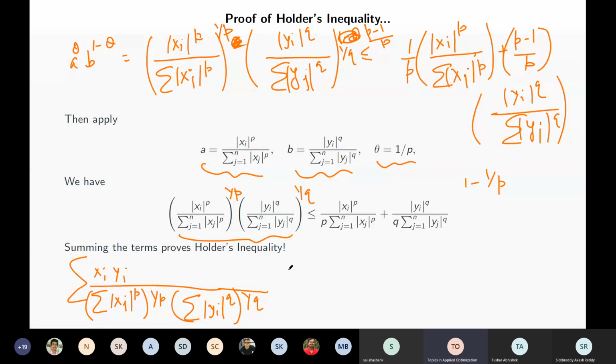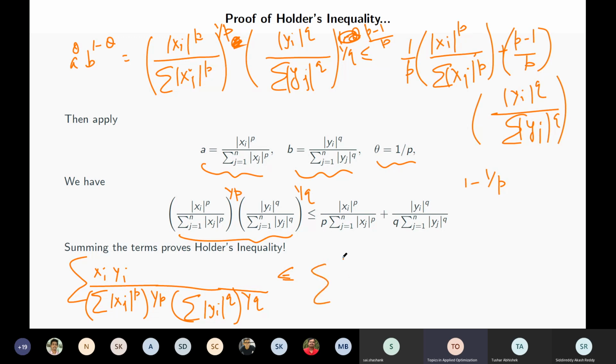Okay, and then we are also summing things on here, but these guys will sum to 1. If you sum these guys for j equals 1 to n and so on, the sum of these guys will be 1.